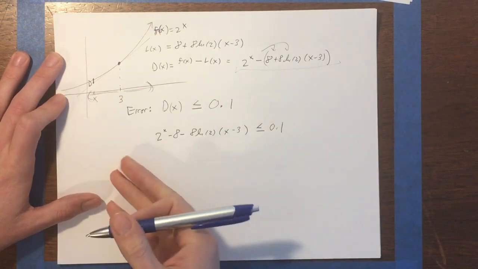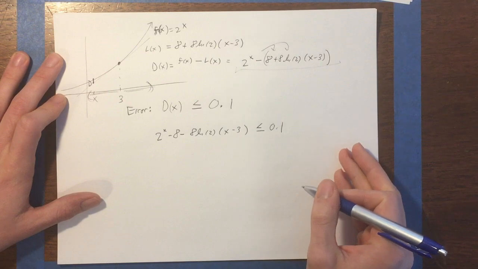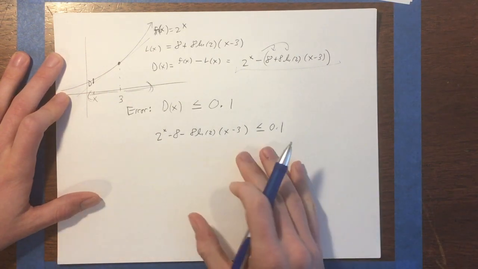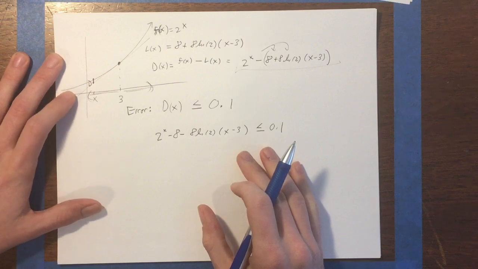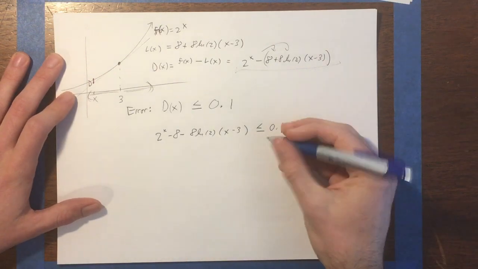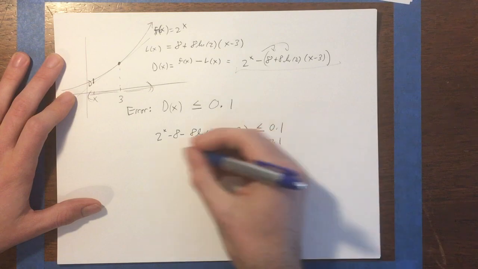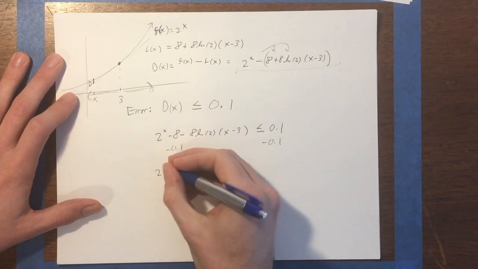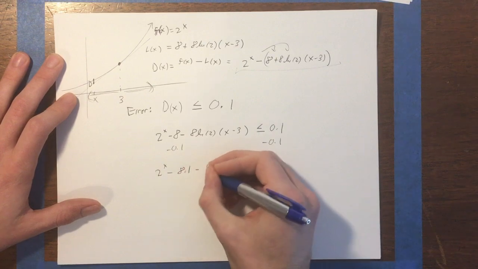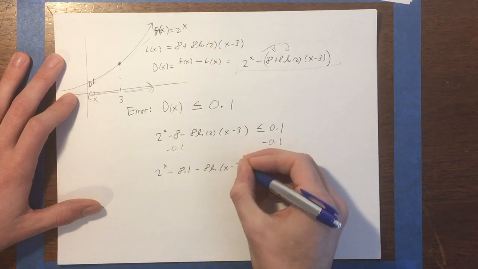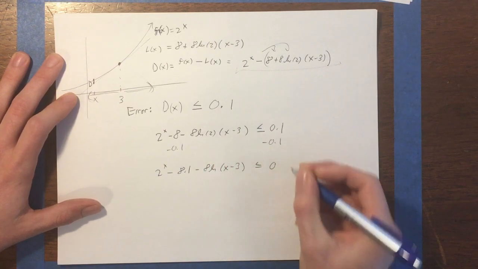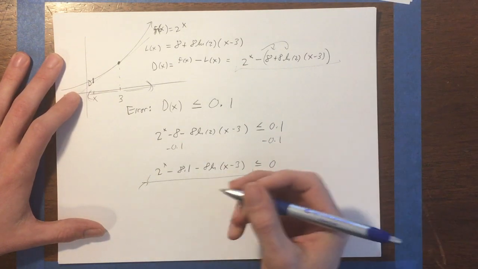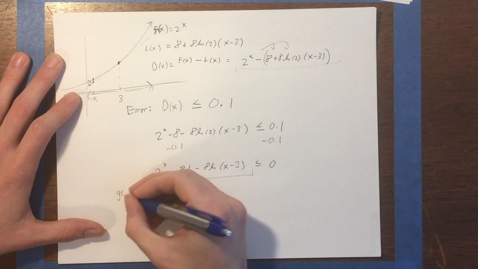Well, this is not an inequality that is easy to solve by hand. Probably we could solve that inequality by hand by doing a sign chart for that. What we want to do is subtract the 0.1. Let's subtract that from the 8 here. So we have 2 to the x minus 8.1 minus 8 natural log of x minus 3 less than or equal to 0. This whole thing over here, call that a function. I'm gonna call it g of x.